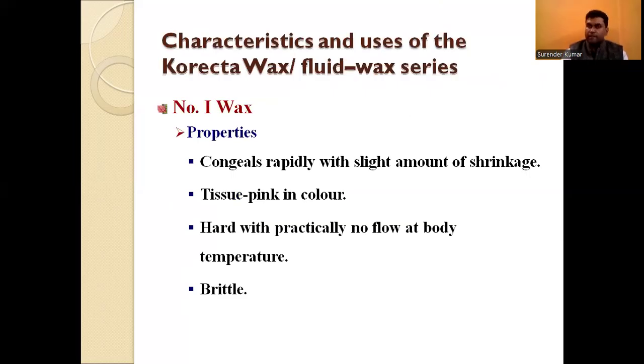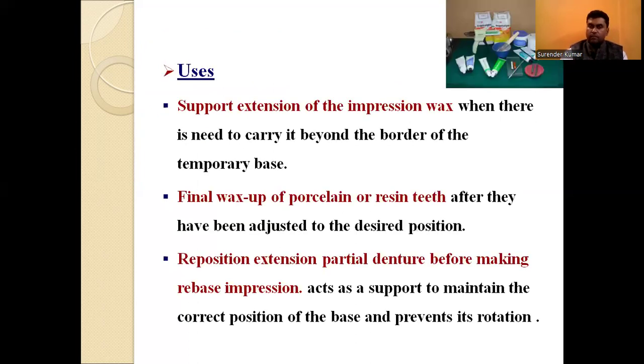The characteristics and uses of character wax, which is also known as the fluid wax series: there are 4 types. Number 1 wax congeals rapidly with a slight amount of shrinkage, is tissue pink in color, hard with practically no flow at body temperature, and quite brittle.